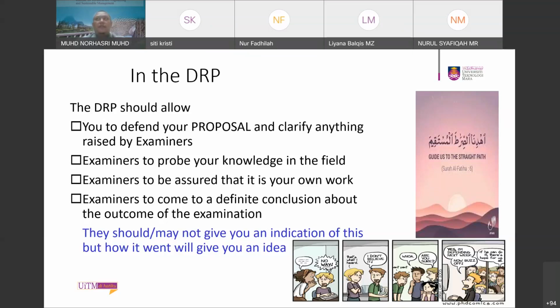Now, for both vivas and DRP sessions, everything is online, so you can keep most of your information, your books or your references, where your panel cannot see. That is one of the advantages during the presentation in this new norm, compared to the previous one, when we had to face panels and the chairperson.